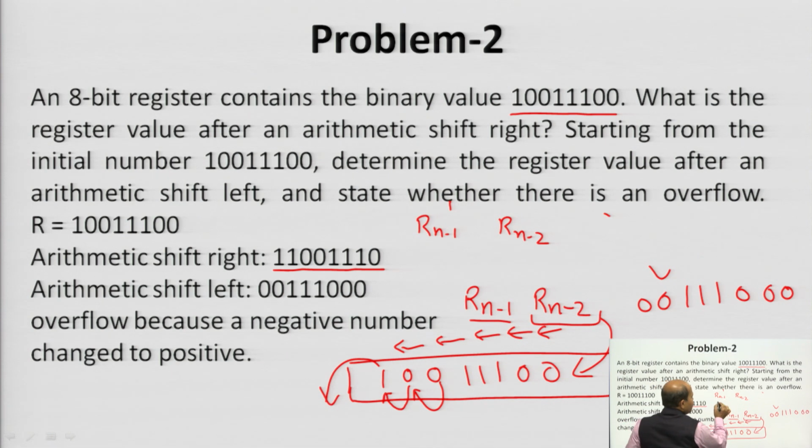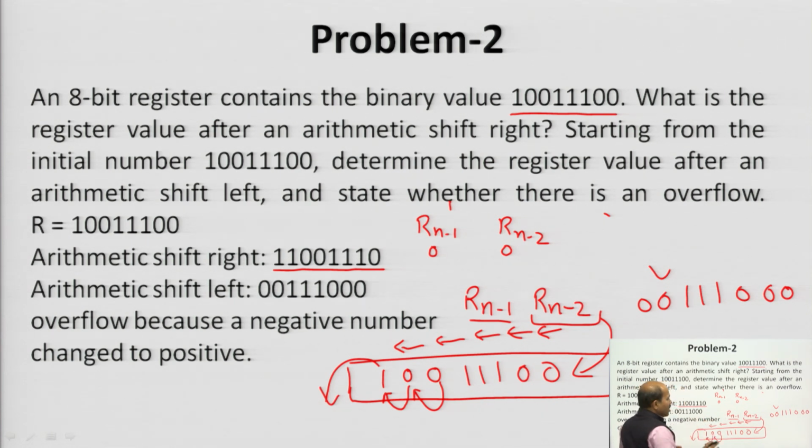That means, if these two bits are 0 0, then we say there is no overflow, because the Rn minus 1 bit will be called as a sign bit, and if there is a reversal of sign, then we say there is an overflow.